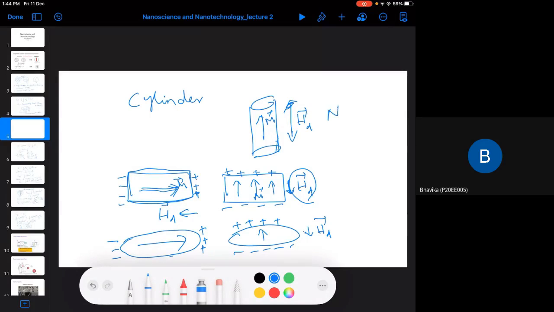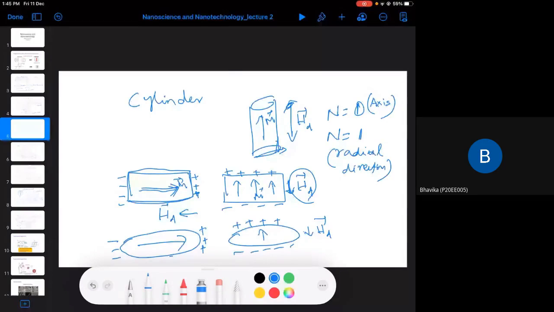The value of N will be 0 along the cylinder axis, and it will be equal to 1 along the radial direction.